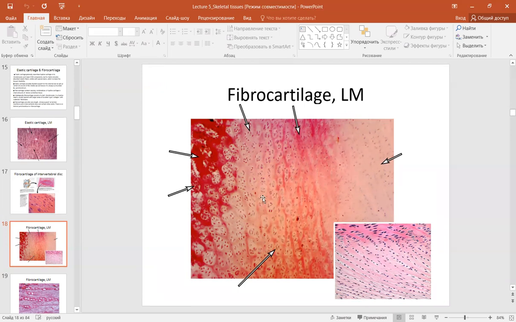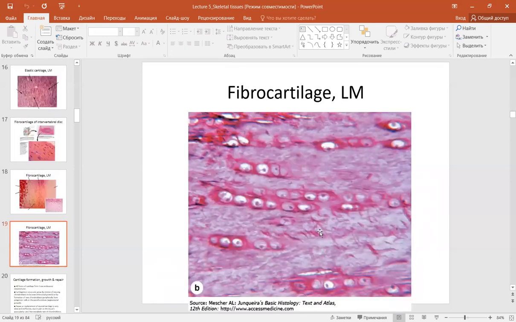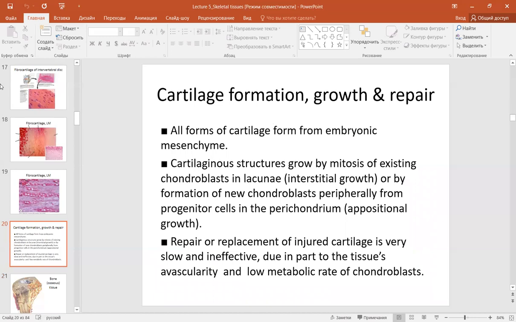In between, the collagen fibers are formed of collagen type 1. Here you have an increased magnification. Chondrocytes, collagen fiber bundles, and this is the general arrangement of the fibrocartilage. All forms of cartilage form from embryonic mesenchyme.